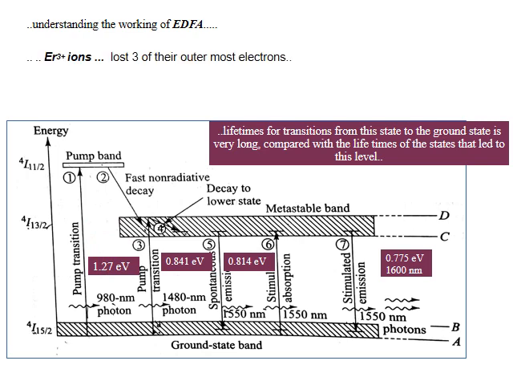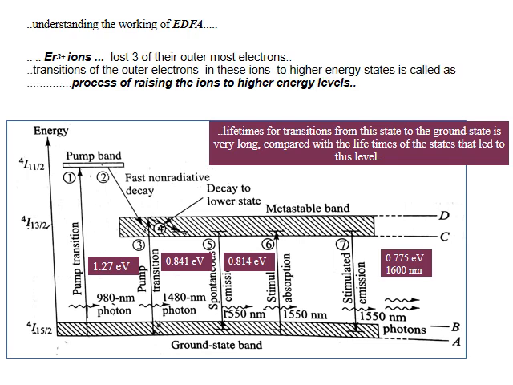Okay, so what is happening here is that erbium doped ions will be there, which contain 3 valence electrons in their outermost orbits. The transition of outer electrons of these ions to higher energy states is called the process of raising the ions to the higher energy levels. I will just start the first part here.